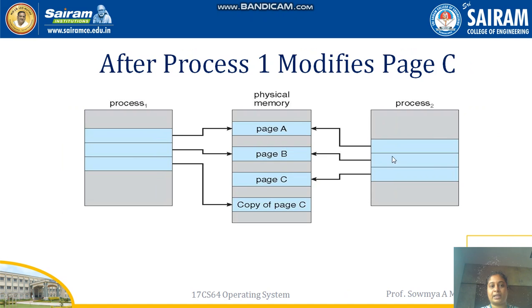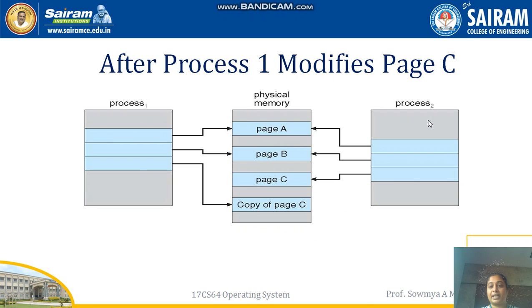What if a page is rewritten? Process 1 is using pages A, B, C, but it modifies page C. Then a copy of page C will be made for process 1, and process 2 will keep accessing the original page C. What if process 2 modifies page C? Then the original page C will remain the same, and one more copy of page C will be given to process 2.